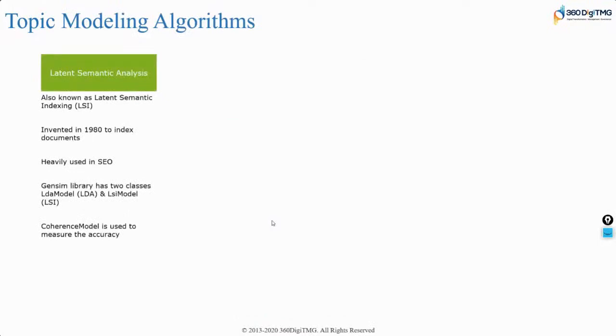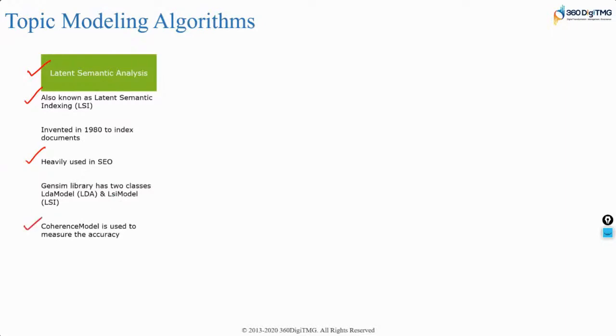LSA stands for Latent Semantic Analysis, which is also called LSI, Latent Semantic Indexing, which was invented in 1980 to index the various documents. It is heavily used in search engine optimization.